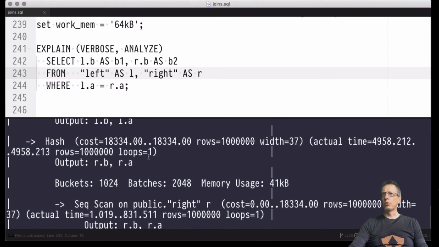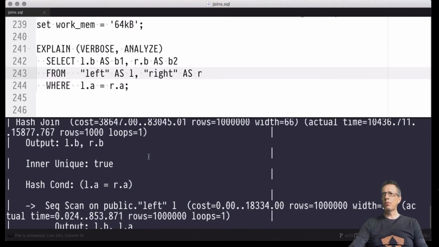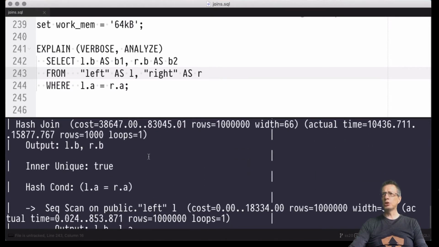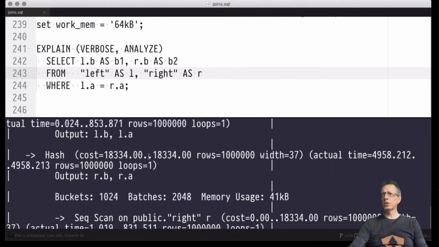All right, so the shape of the plan has not changed, but as you can see, of course we were not allowed to use more than 64 kilobytes of working memory, so we were content with 41 kilobytes here. But this led to a very high number of batches.